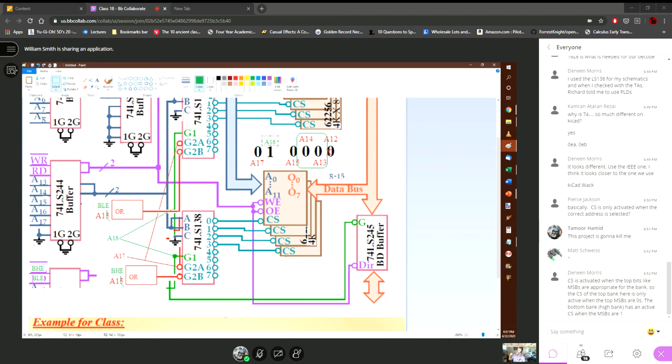For G2A and B, it has to be active low. That's why I chose A16, since A16 has got to be a 1, to activate the active high. I chose A17 to activate one of the active lows. And then I need both A15 and BLE, which are active lows. Both those have to be low in order to turn on this bottom bubble.